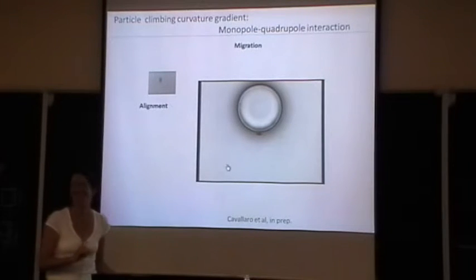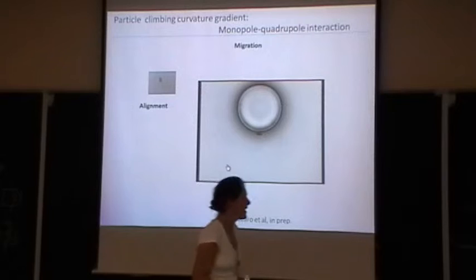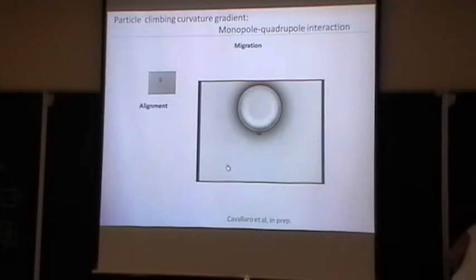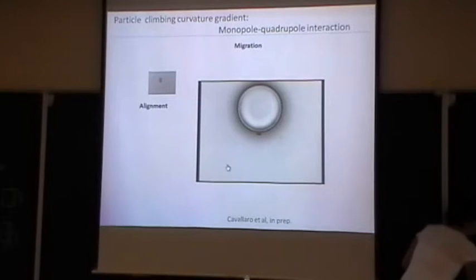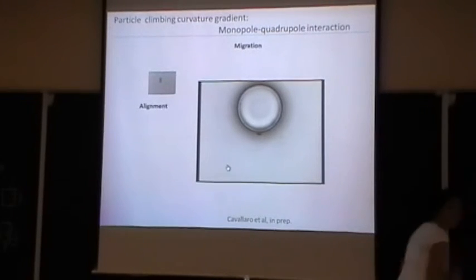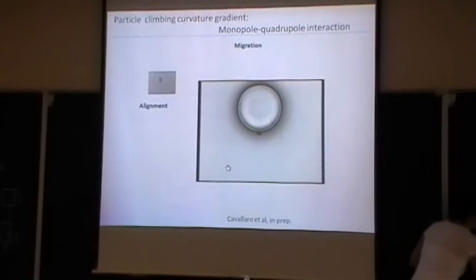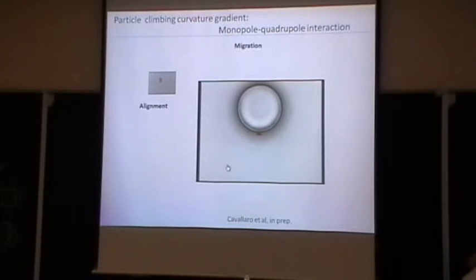What's happening in the upper left? I have an interface. I have here a tall micropost. It's 300 microns high. Okay? I have an interface that's pinned here and is draping away. This is water. On top, we have oil.